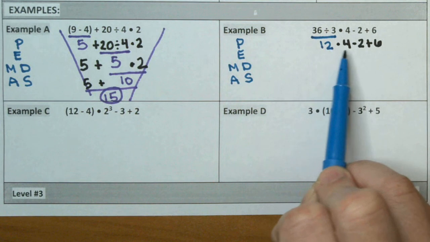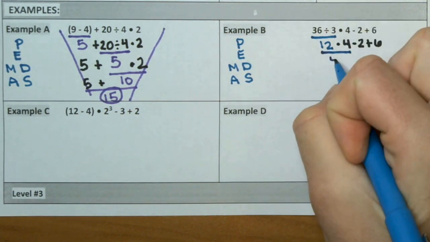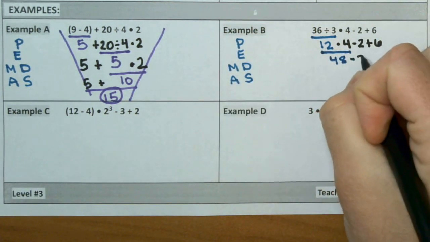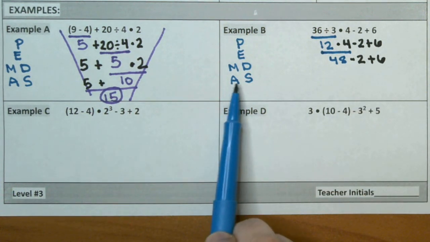Now in our new problem, the most powerful operation is multiplication. 12 times 4 is 48. So you should have 48 minus 2 plus 6. Now we have subtraction and addition. Remember, they're equally powerful.